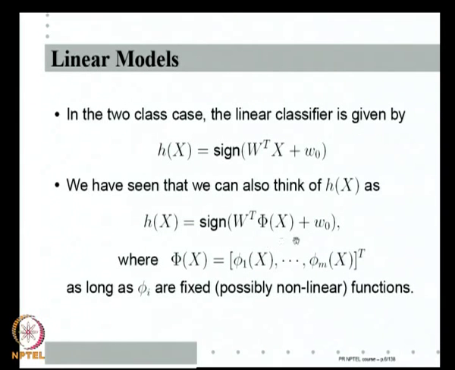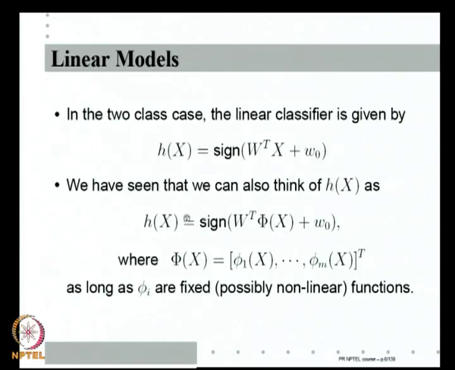Specifically, and this is important for us, we can think of a linear classifier also as W transpose phi x plus W naught, where phi x is some set of m functions of x, phi 1 x up to phi m x. Such a model can also be learned using the standard linear model learning techniques, as long as these phi's are fixed.